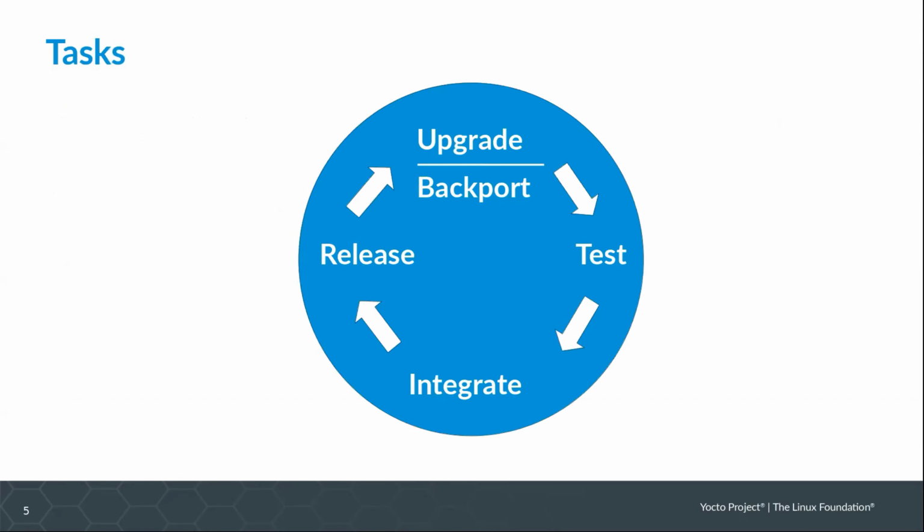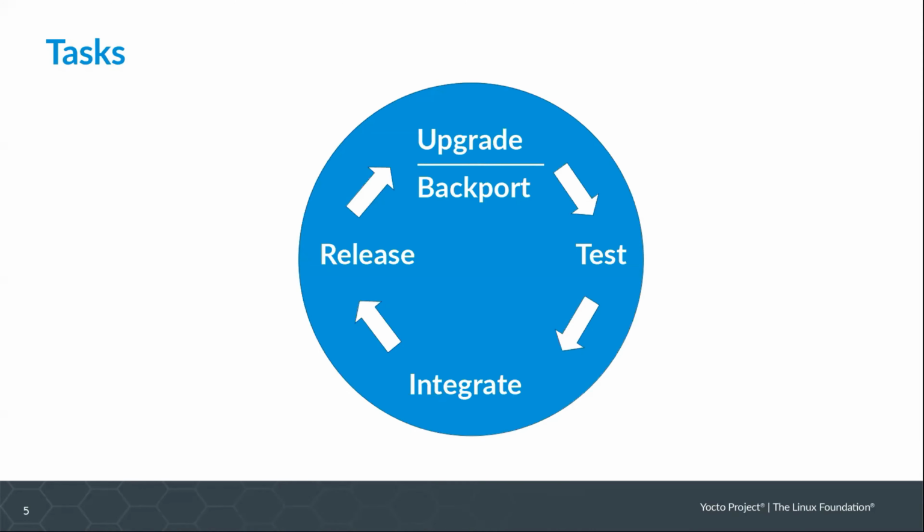So what are those tasks I'm talking about? We do an upgrade, and after we did a recipe upgrade in that meta-aws layer, we test that upgrade on the 3 architectures and some additional tests I will talk about.